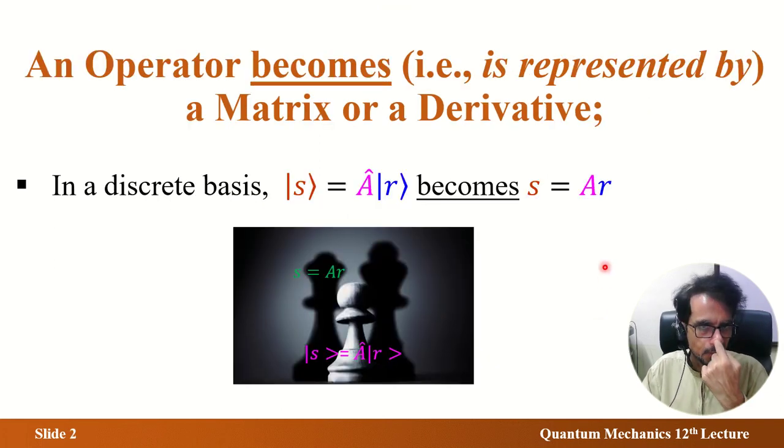The first part is: what is an operator? Momentum is a special case; we come to that later. But first, generally, just revise the definition of an operator. The overall topic is that we choose the operator as momentum and say the operator becomes a derivative, but these are special cases.